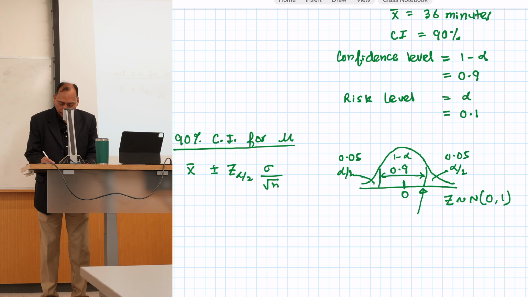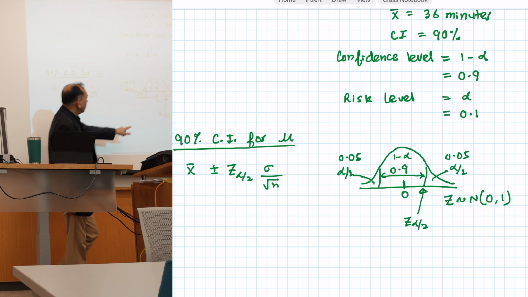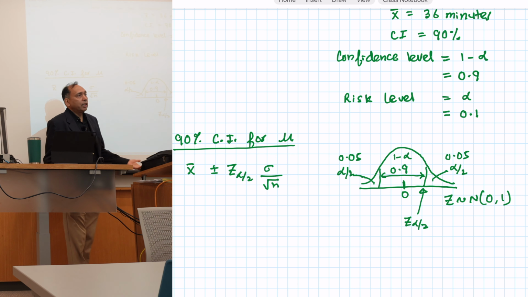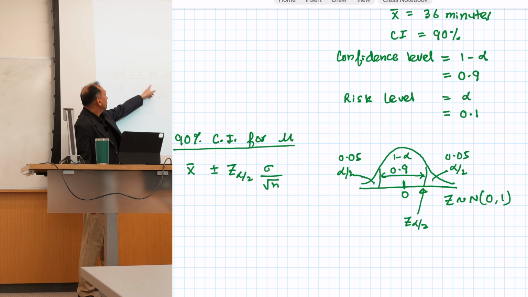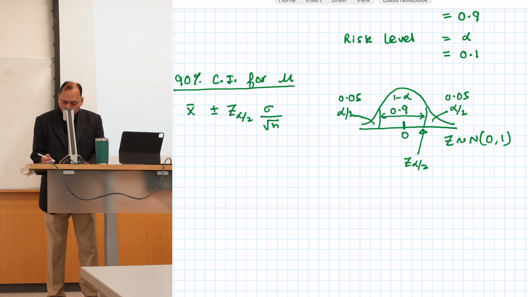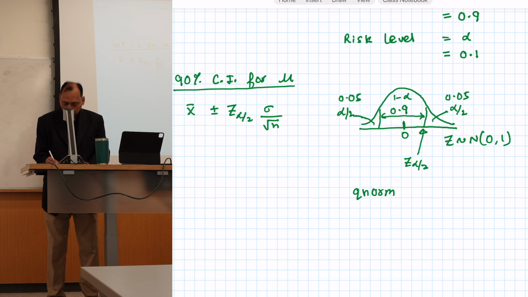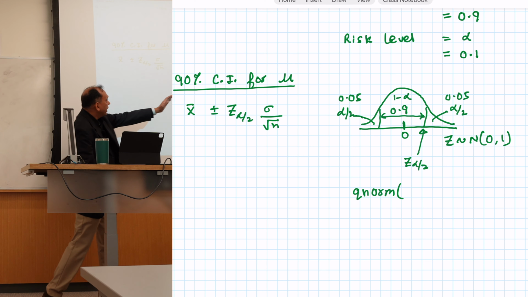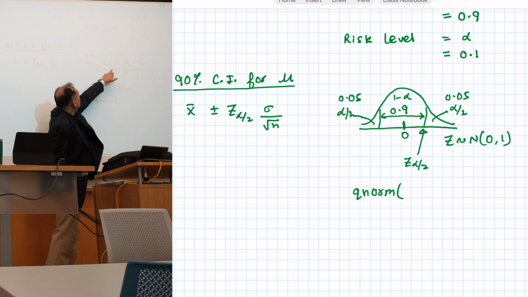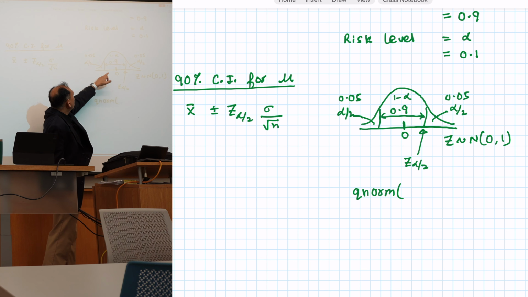This number here is your z alpha by 2. So if we calculate this point on z-axis, so that will give us z alpha by 2, and then we can plug in and get answer. So to get this area, if you recall, we use qnorm. So area to the left of z alpha by 2 is 0.9 plus 0.05, so 0.95.